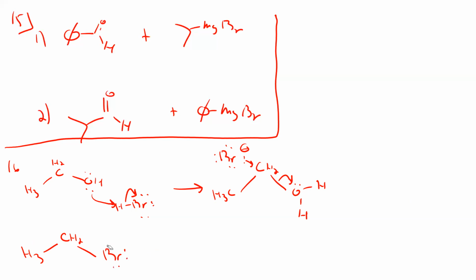I'm kind of curious if you don't put the electrons around bromine, if it accepts it as the right answer. We'll put them here. Did anyone else get 15 to work?